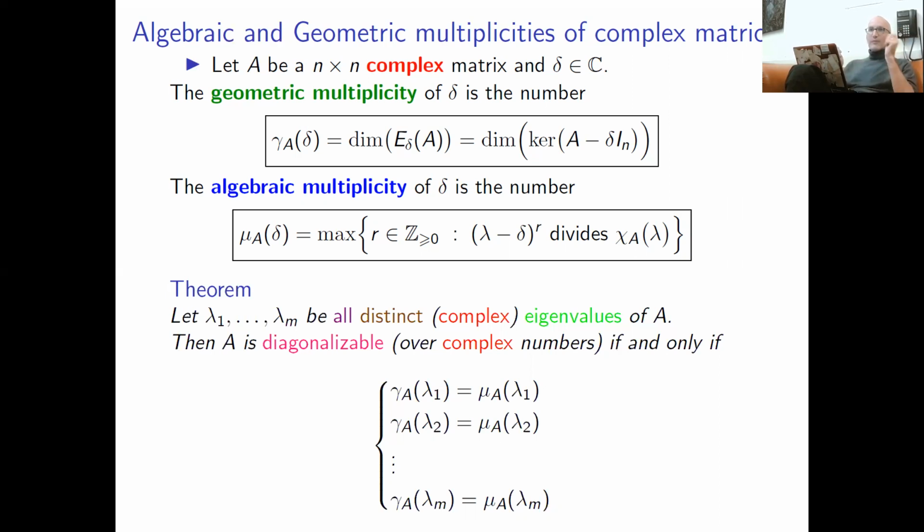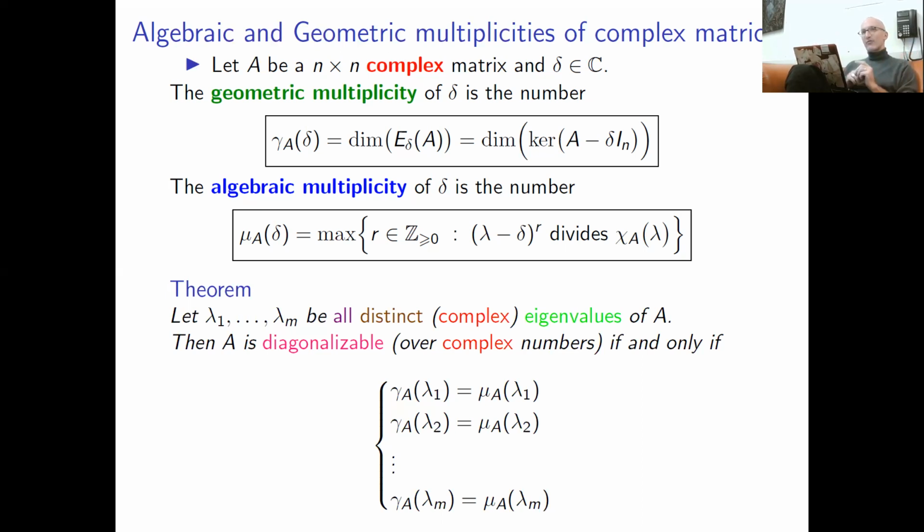For each root, you compute algebraic multiplicity and geometric multiplicity, and you compare them. Geometric less or equal than algebraic. If we have equality in every case, if geometric multiplicity of every root of the characteristic polynomial is the same as algebraic multiplicity, the matrix is diagonalizable.